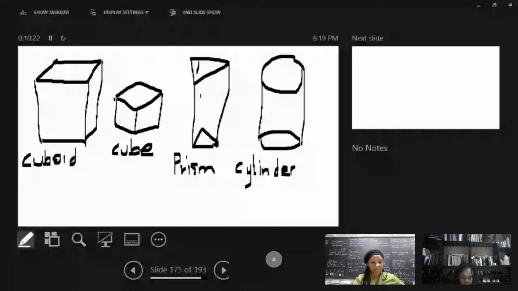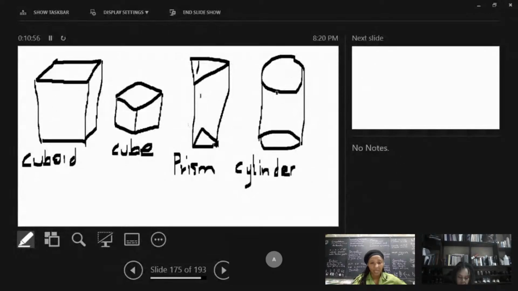For the triangular prism, the triangle can be any kind: right angle, scalene, equilateral, or obtuse. Once the top base is an identical shape to the bottom, connected by straight lines, it's a prism.